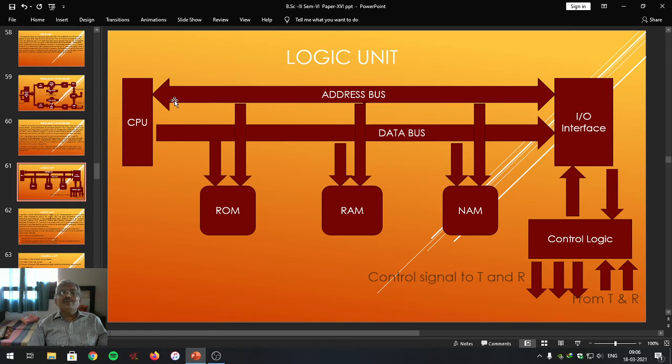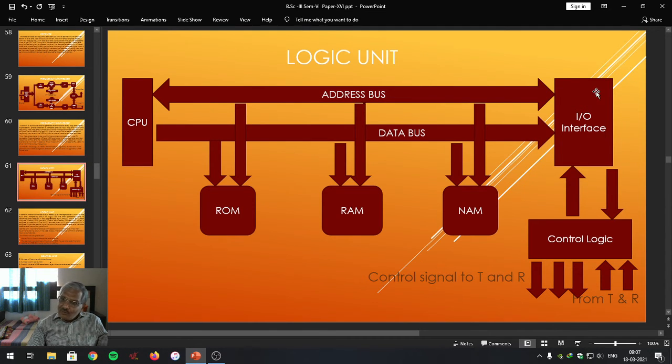That is used to transmit the address locations to the I/O device and also receives the address locations from I/O device via address bus. CPU is also used to transmit the data from itself to the IO device. Means IO device, that is input output device.